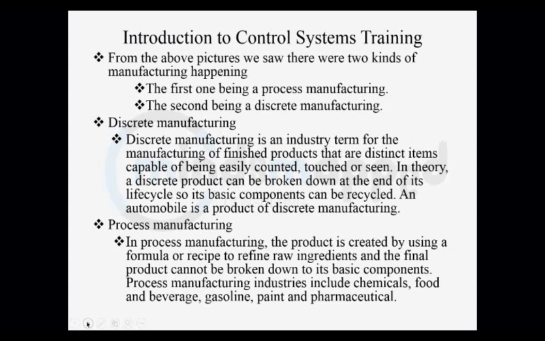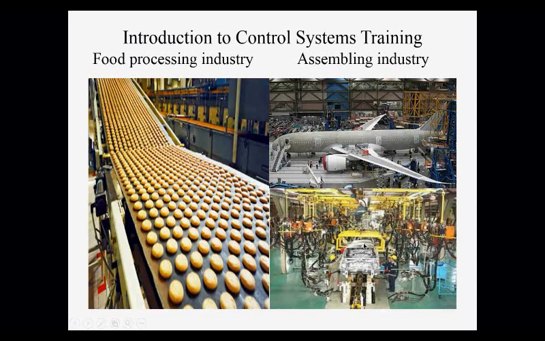While discrete manufacturing is an industry in which you are producing finished products that are being assembled together by putting identifiable parts together to form your final finished product. Let's say, for example, let me move back. You can see the example of the automobile industry, or you can see aircraft being assembled here.